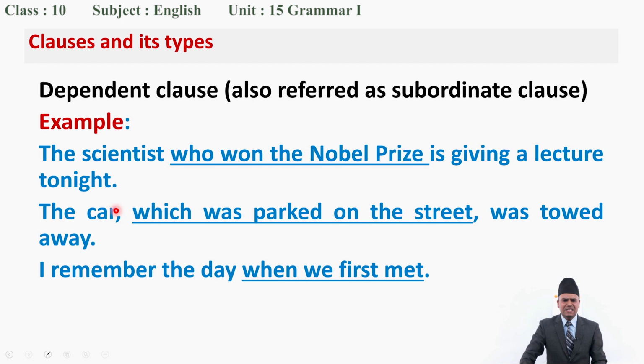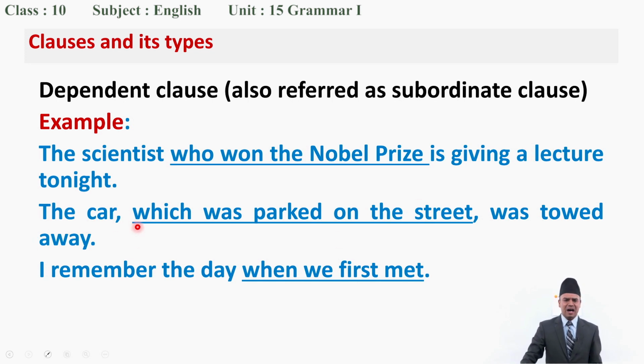Example: the scientist who won the Nobel Prize is giving a lecture tonight. You can see I have underlined here who won the Nobel Prize. If you wipe out all the other things and say only who won the Nobel Prize, it is not complete or meaningful. Understand? To give meaning, another part is required. That part is what? That part is the independent clause.